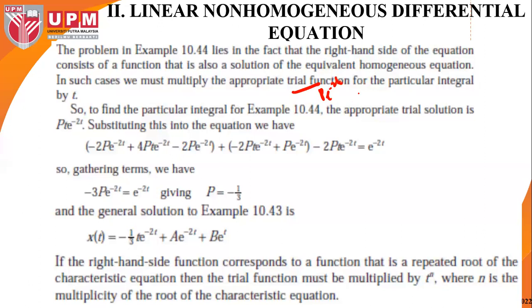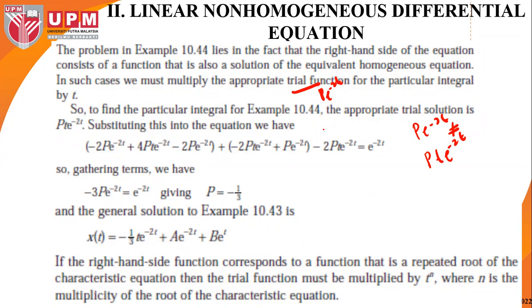Because it becomes equal to 0, it cannot be answered. We need to modify. We cannot use p e^(-2t), so you modify to p t e^(-2t). We don't want it to become 0, in order for us to find the constants.